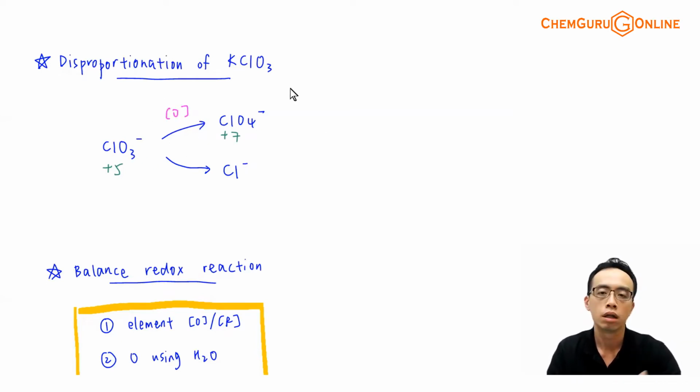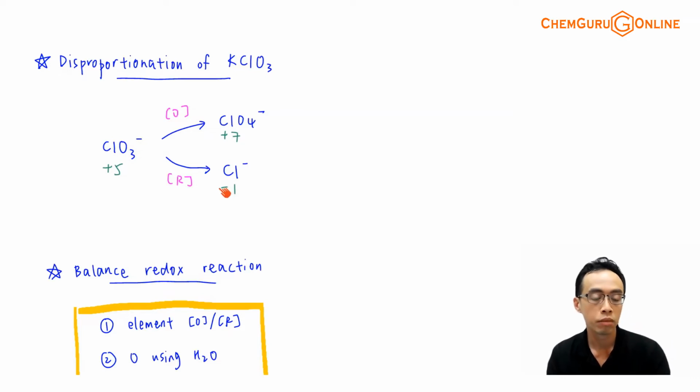Now if I consider Cl minus, the oxidation state for chlorine is -1. So clearly from +5 to -1, there is a decrease in the oxidation state, so I know that this is a reduction. Basically, we have identified the oxidation and the reduction: chlorate(V) is oxidized to chlorate(VII) and chlorate(V) is reduced to chloride in the same reaction.